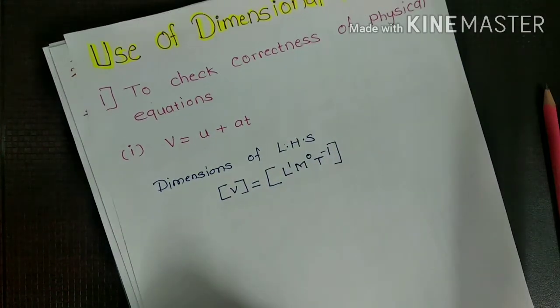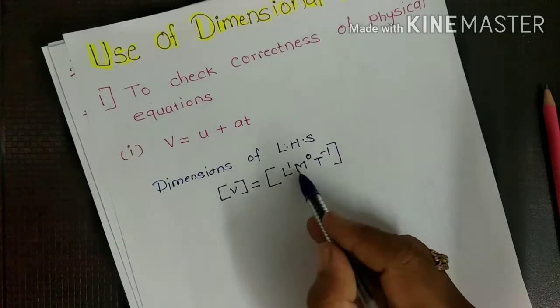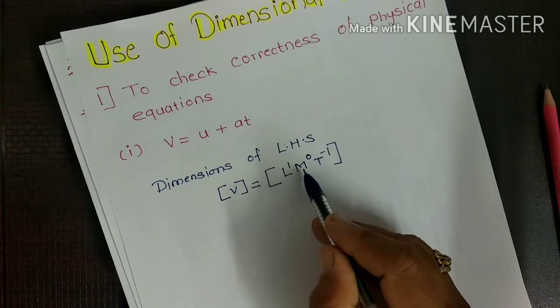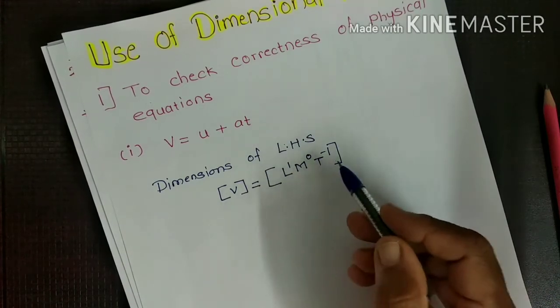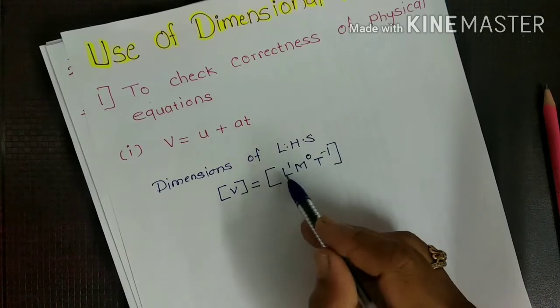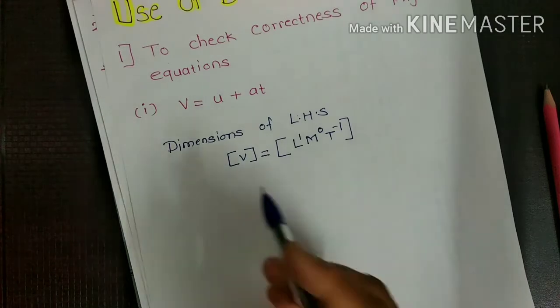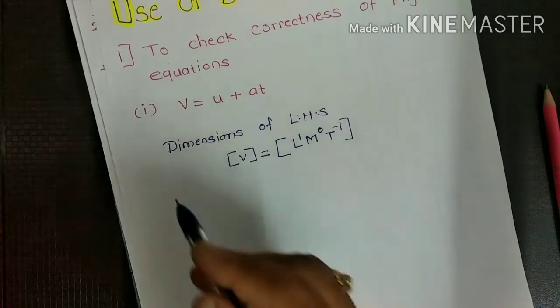Okay, that M, L, T can be rearranged. You can take M at first, then L at second place, then T at third place, or L at first place. These are all right methods to write down the dimensions.